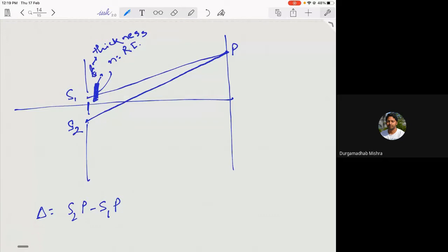The light that comes from S1 will travel through this medium, and this additional path length is N into T. This is the additional optical path length that is introduced for the wave that is coming from S1 and going to P.